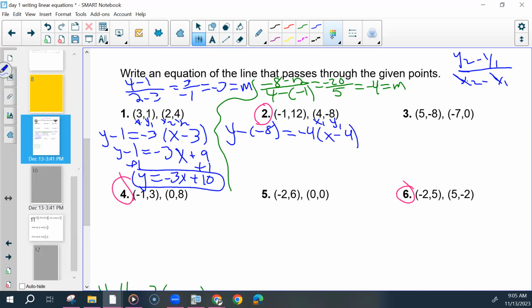I will say if you chose the other point, instead of having the negative here, have it inside, still need to keep that first. But in this case, y plus 8 equals -4x plus 15. Careful with your negatives. Subtract 8. What is your new equation?